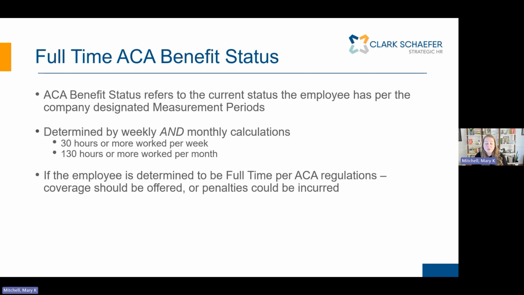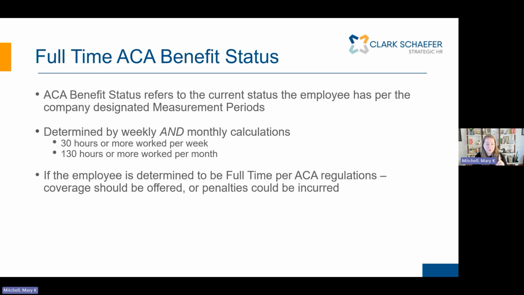According to the ACA, the current status is going to be designated based off of which measurement period you use. Typically, it's determined by weekly and monthly calculations of whether or not the employee has worked 30 hours or more per week on average and 130 hours or more worked per month.